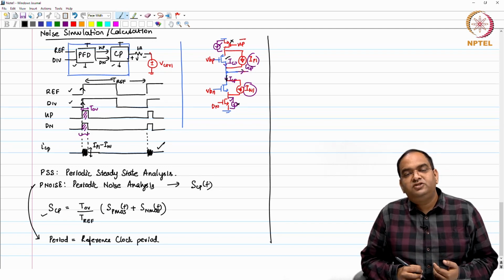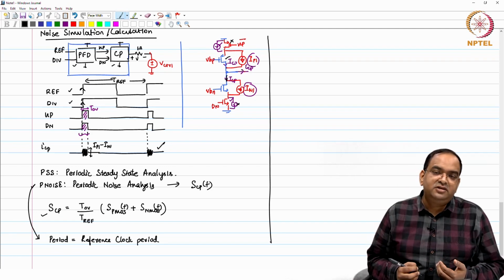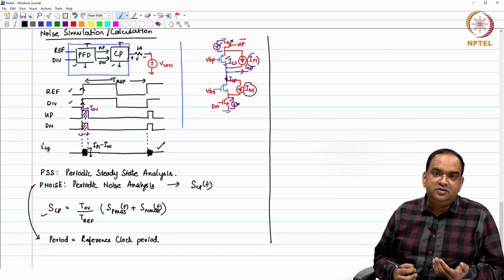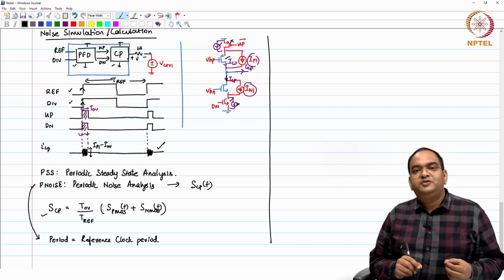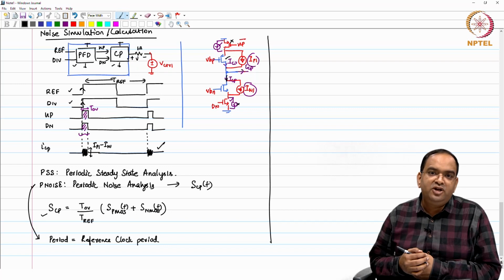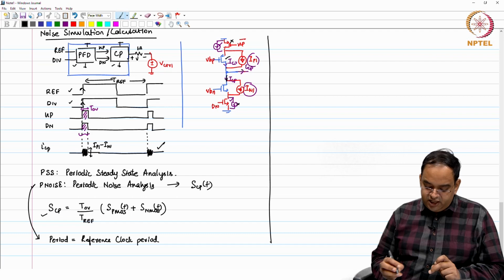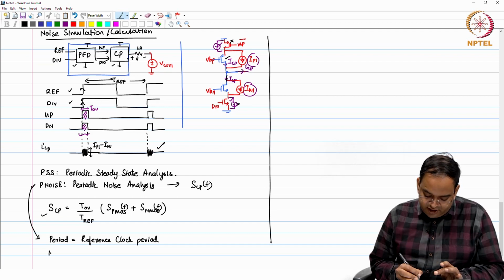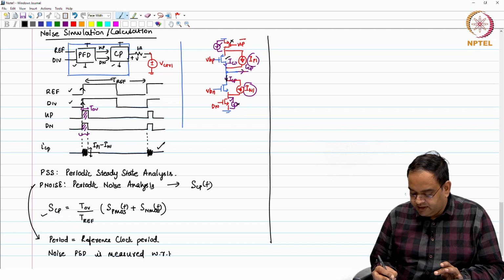The other thing is, during the process of the simulation, you will be asked whether you want to measure the noise with respect to DC, with respect to the reference, or with respect to the second harmonic of reference, a third harmonic, and so on. Noise PSD, power spectral density, is measured with respect to DC.